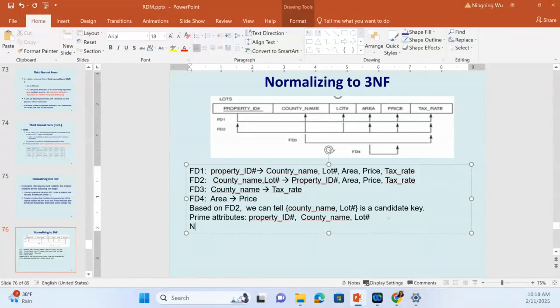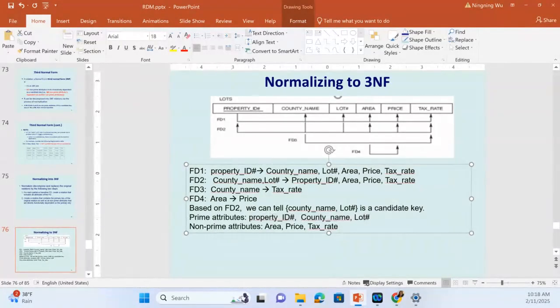For the non-prime attributes, we only have area, price, and tax rate. So we have 6 attributes in this relation schema: 3 are prime and 3 are non-prime.